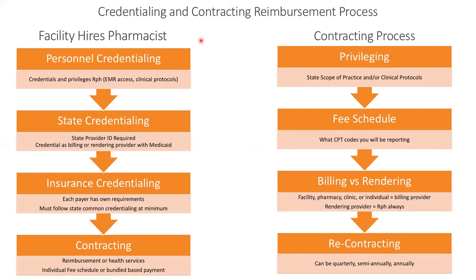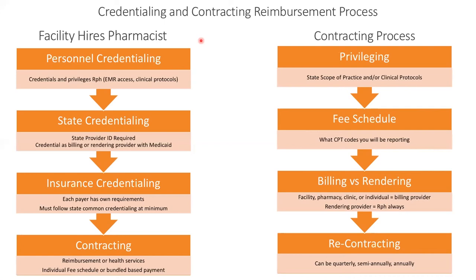But when we talk about standing, very much in particular, we're talking about whether or not you've had federal action taken and have been put on a federal exclusion list from being reimbursed with federal healthcare dollars. And what would cause that would be felonies under the Controlled Substance Act or felonies related to healthcare fraud and abuse. So if you have been found guilty of a controlled substance related crime or healthcare fraud, you for a period of time or potentially permanently are put on an exclusion list from being credentialed.